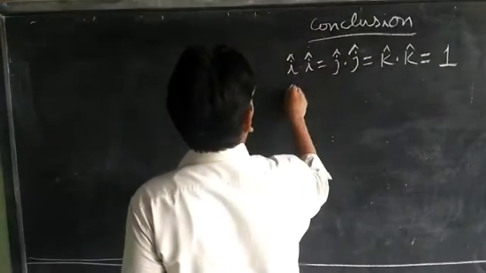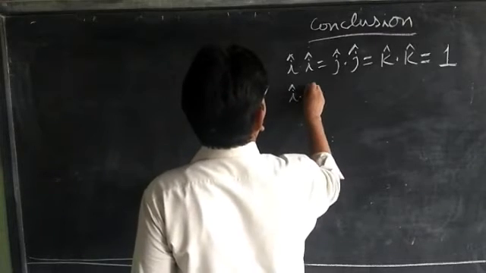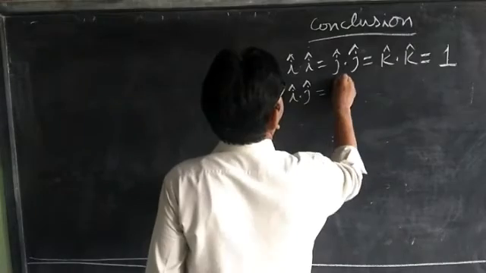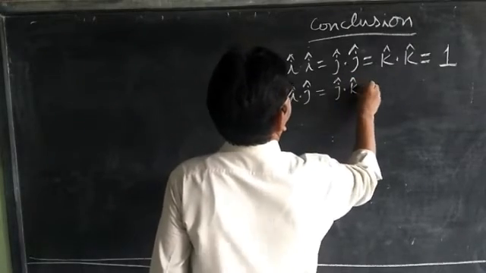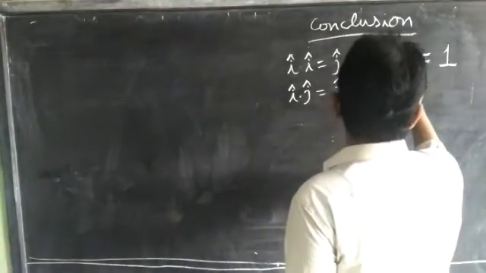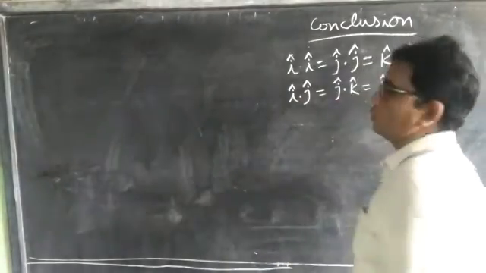And unit vector I dot J is equal to unit vector J dot K is equal to unit vector K dot I, which is equal to 0.